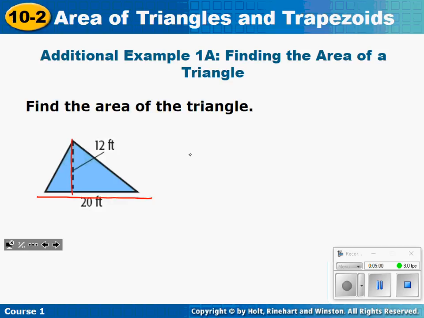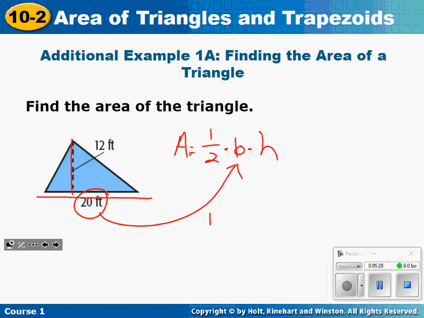Not 240. 1/2 times the base times the height. Well, here, let's just plug it in. A equals 1/2 times the base times the height. What's the length of our base? 20. So we take this 20, we plug it in there.